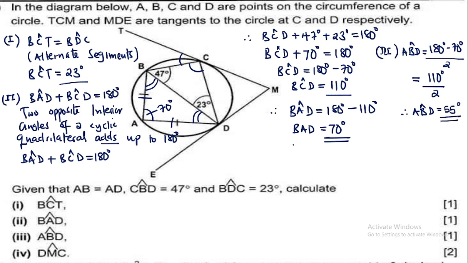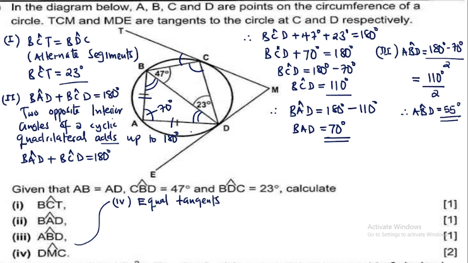Okay, like that. Then we can look at the last one, which is DMC. Now, there is a property that talks about equal tangents.